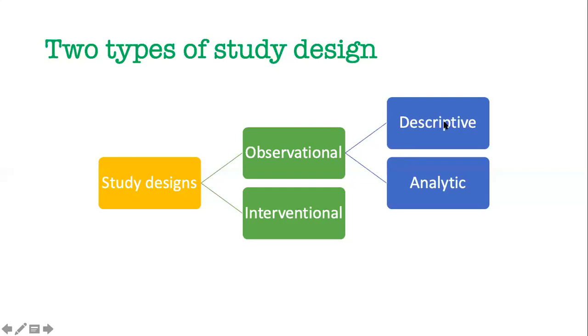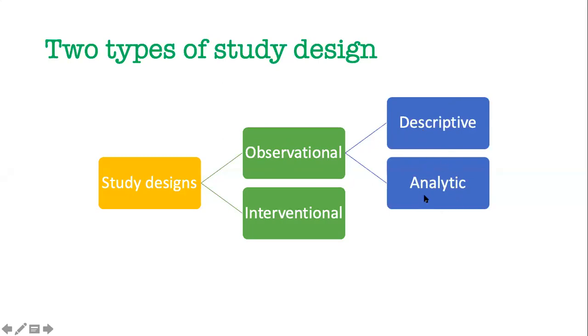Descriptive study design is a type of observational study design. Observational study designs have two types, descriptive and analytic. When it's descriptive, we don't really do inferential statistics, which are statistics that test hypotheses.